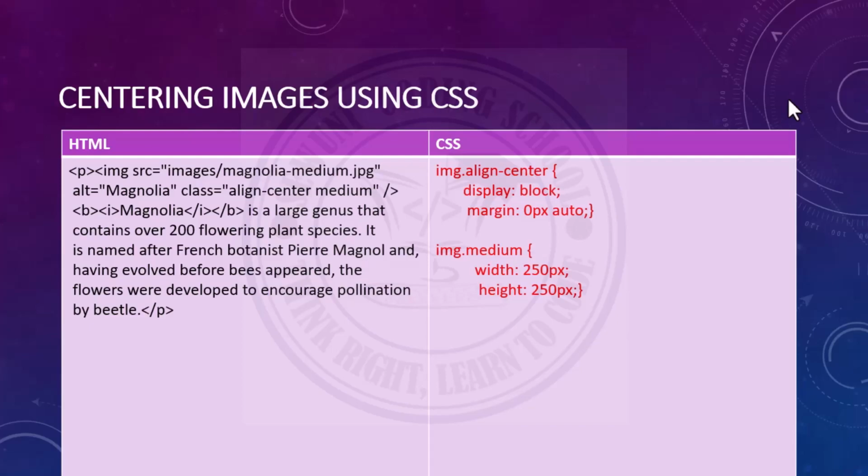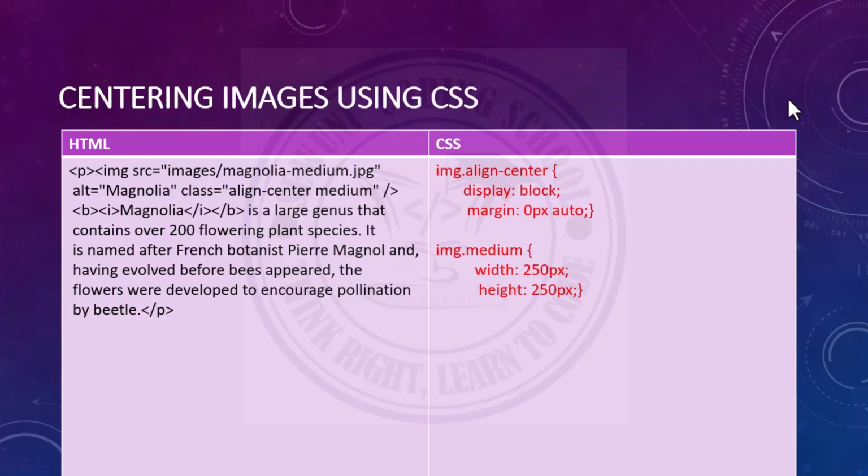The class name for the paragraph is align center medium. Whilst on the right you see the rules that have been given to that particular HTML class, which is block.